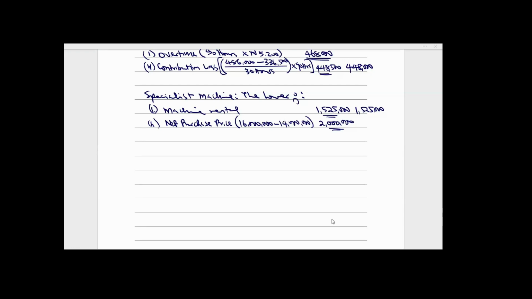Because the question further says that they can secure the orders even if they don't go to the conference. Okay, that's correct. So irrespective of whether the company attends the conference or not, they will still earn the contribution. So the contribution is not lost. So that information, that cost, is not relevant to our calculation.